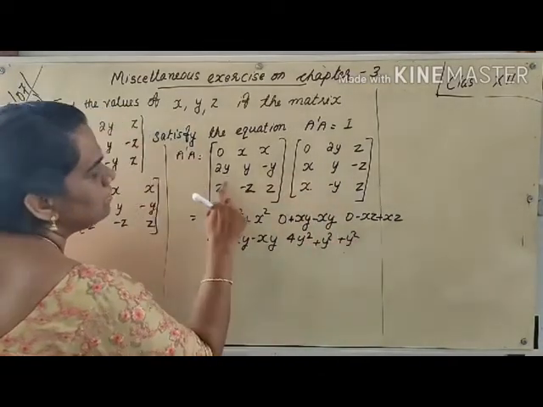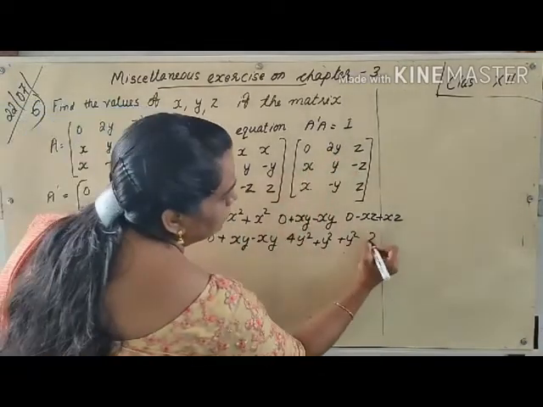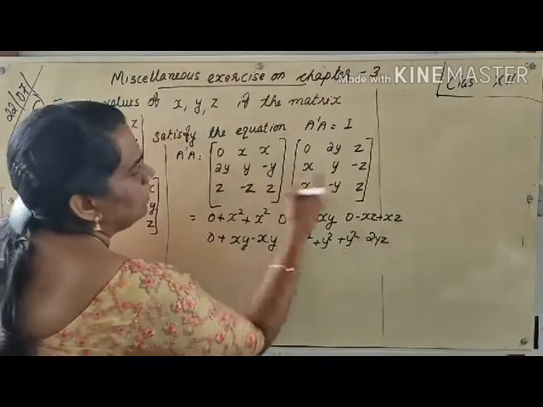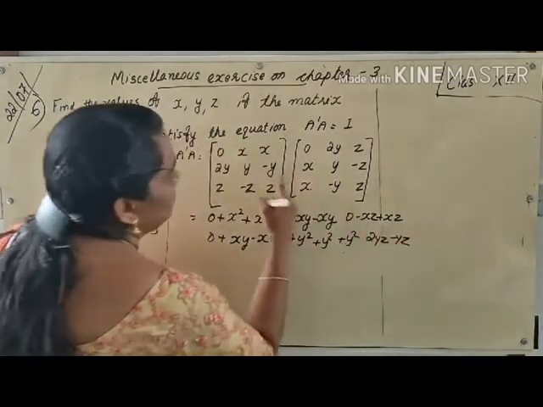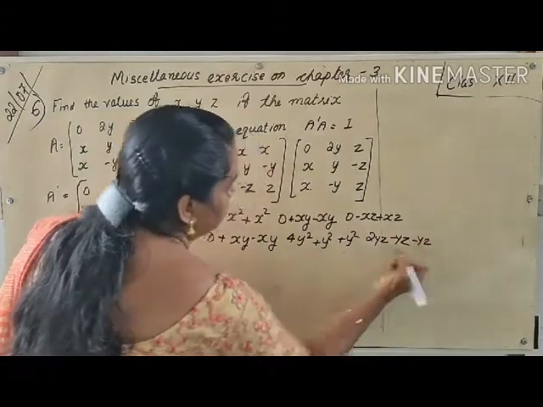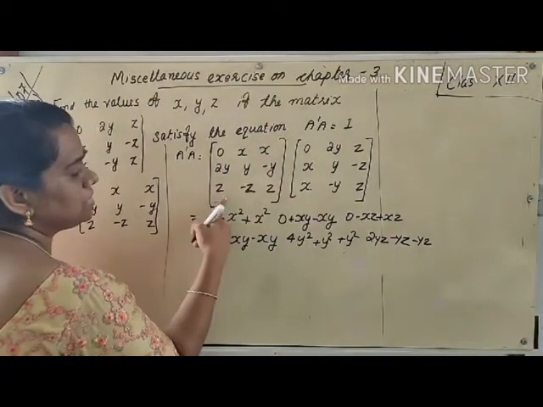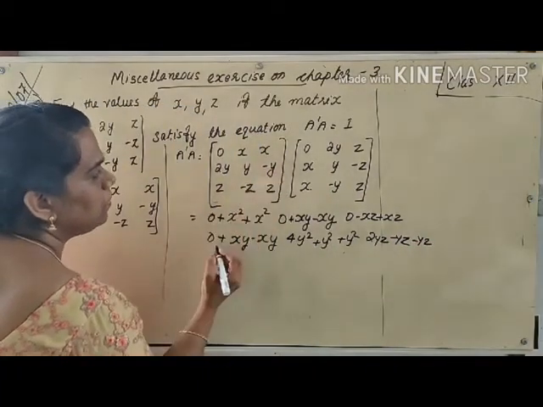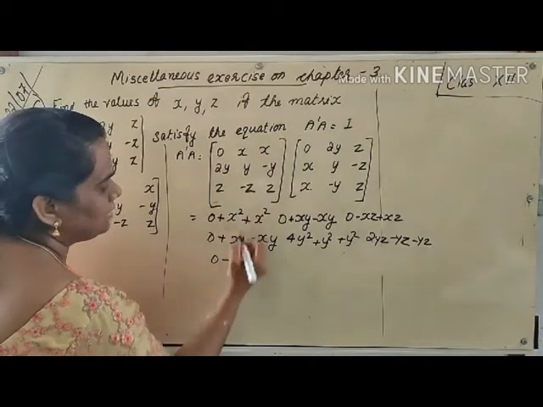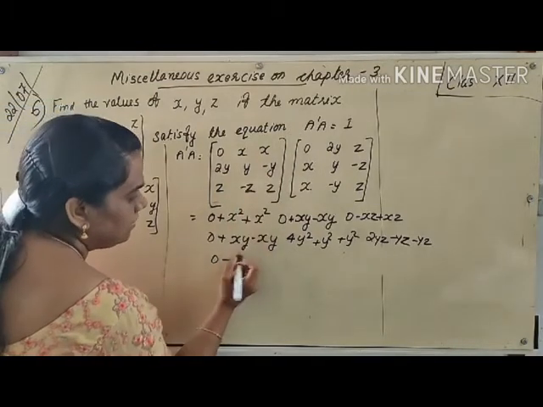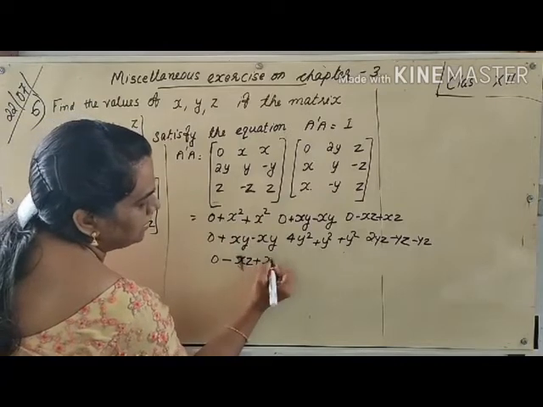And next, 2yz, 2yz, minus yz, again minus yz. Last, z into 0, 0, minus zx or xz, minus xz plus xz.